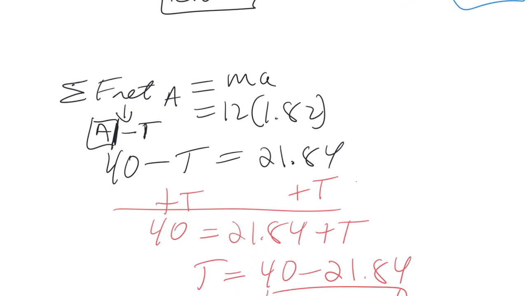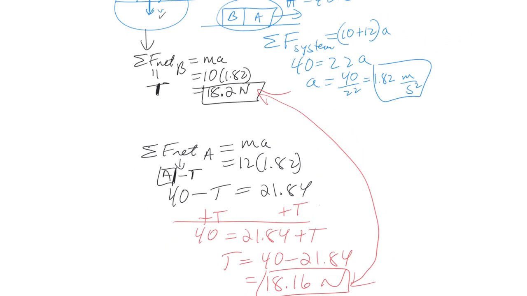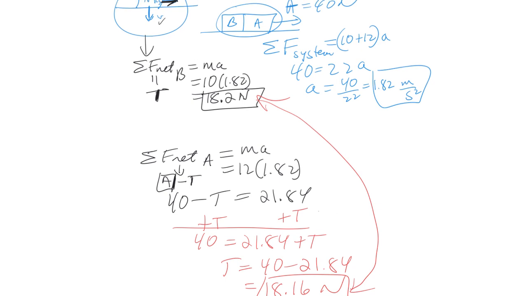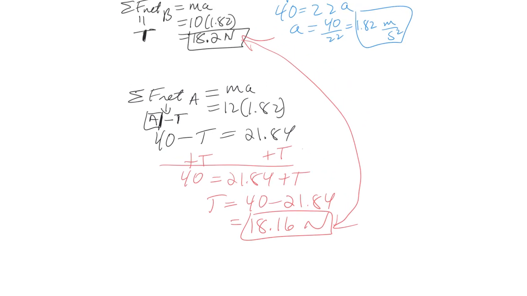Now, if you look at these two answers, they should be identical because the tension in box B's string should be the same as the tension in box A's string. And because I'm rounding things, they're not exactly the same, but pretty darn close.